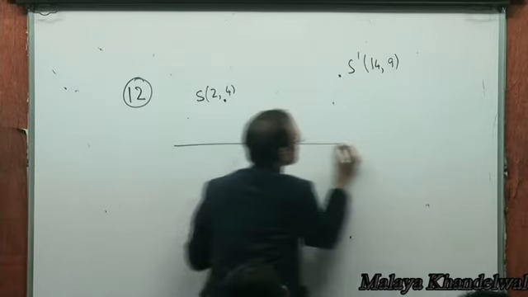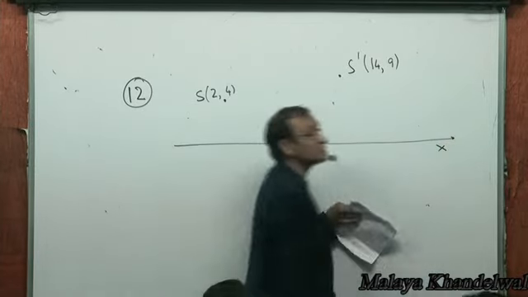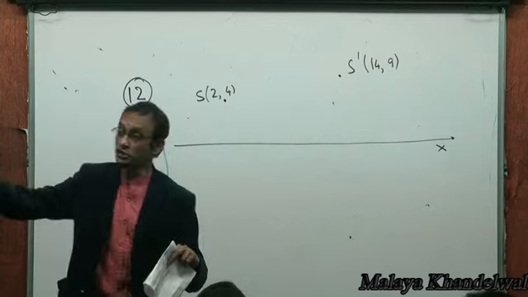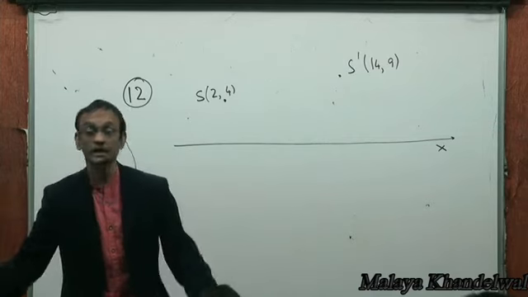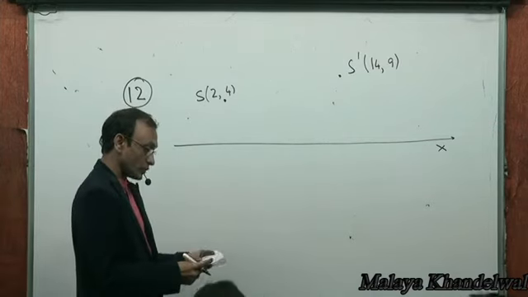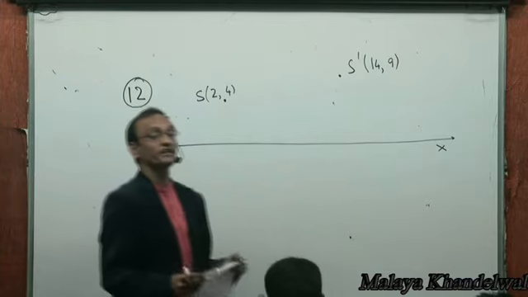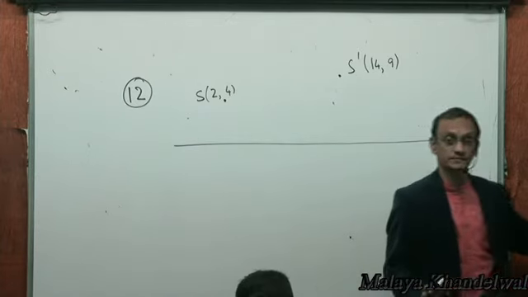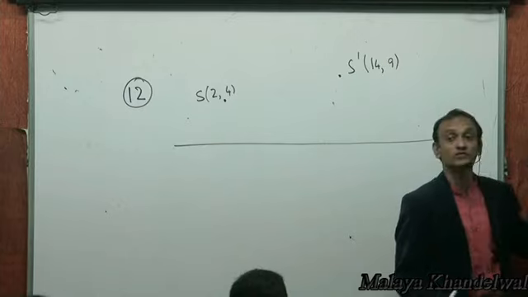And that ellipse touches the x-axis. That means the x-axis is a tangent to the ellipse. We want to find the eccentricity of such an ellipse.